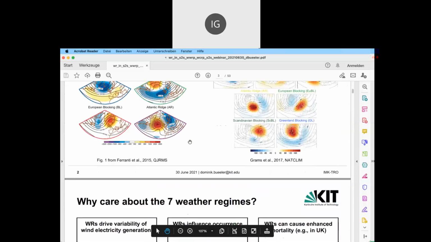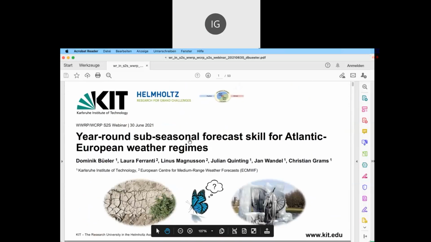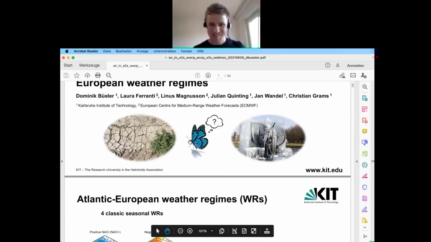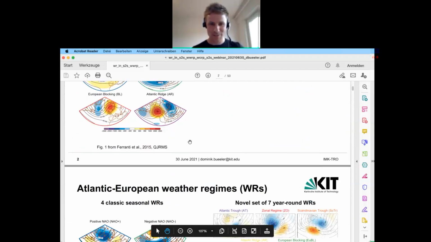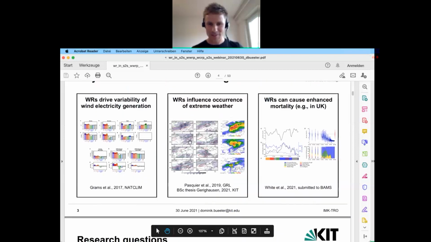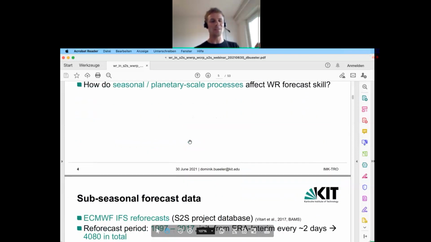Yeah, maybe, my computer is a bit overwhelmed. I'm sorry. So, when I talk about the life cycle, there's one way of checking at each lead time step which regime is active with this life cycle criterion. And as a last step, what we do is we merge all consecutive days in one life cycle to one life cycle object.